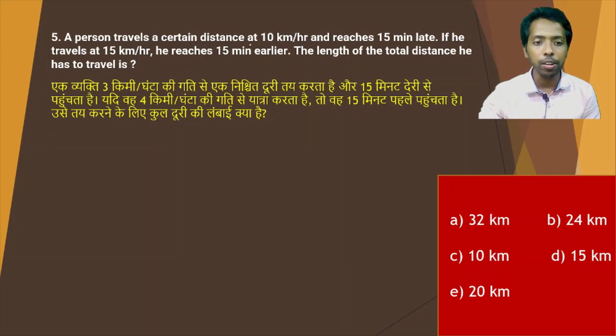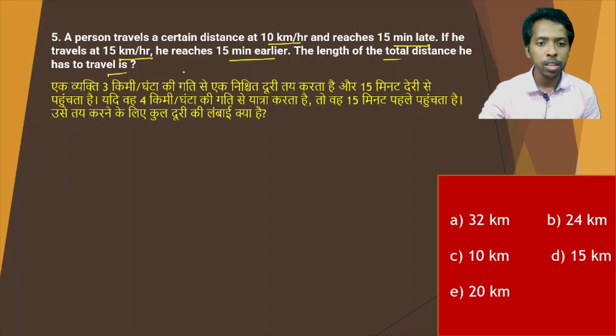A person travels a certain distance at 10 km per hour and reaches 15 minutes late. If he travels at 15 km per hour and reaches 15 minutes earlier, what's the total distance he has to travel? Or you can say, what's the length of the distance he travels, right?